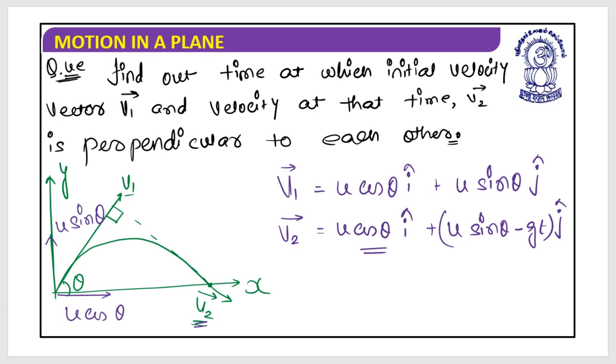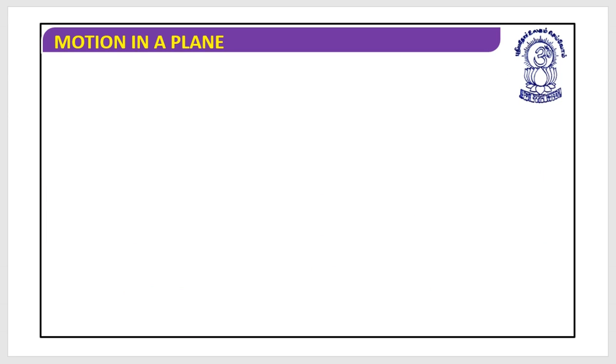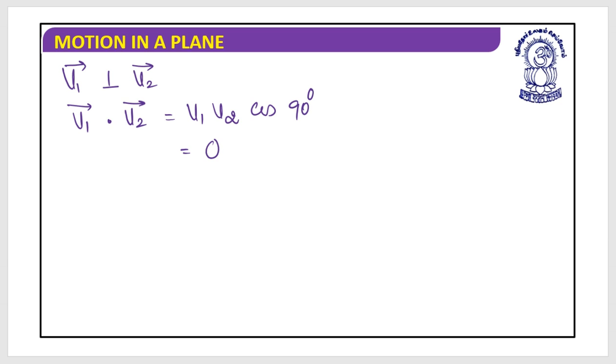Now I know that v1 and v2 are perpendicular to each other. If two vectors are perpendicular, their dot product results in 0. So look what I am supposed to do: v1 dot v2 gives v1 v2 cos 90 degrees, and cos 90 is 0. So this is 0.